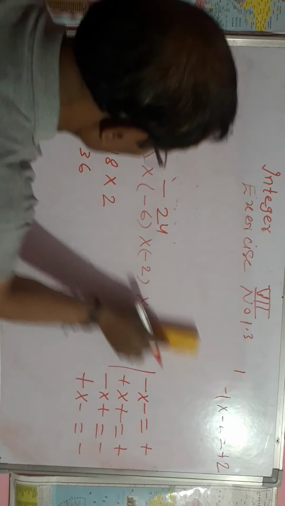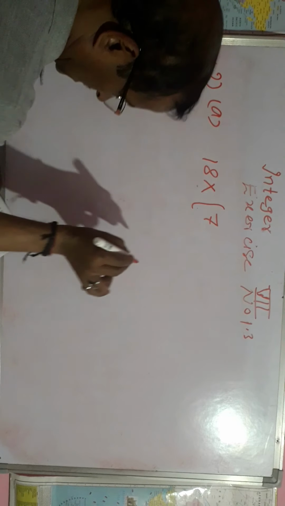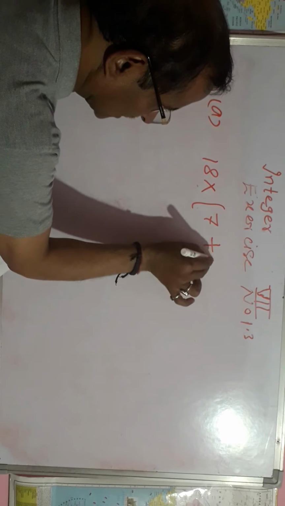Next, I take question number 2 of this exercise. Verify the following. Question number 2, part A: 18 multiply bracket 7 plus minus 3.